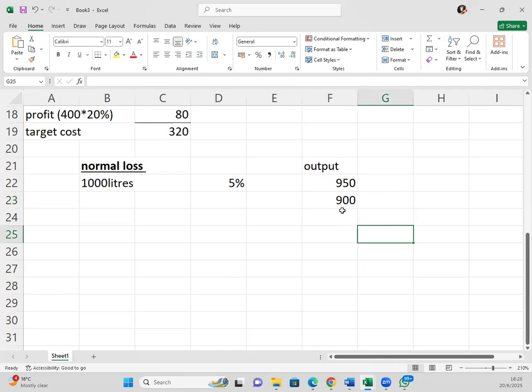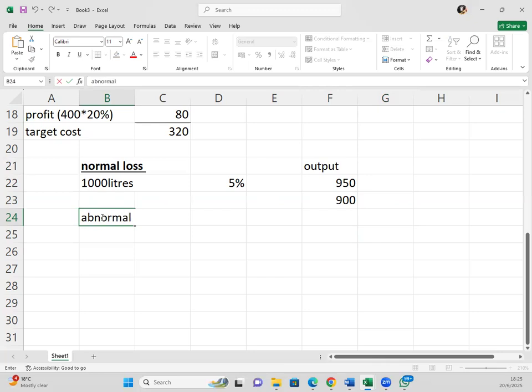It means the loss was greater than expected by 50. So in this case, it is an abnormal loss. An abnormal loss arises when the loss exceeds the expected normal loss.